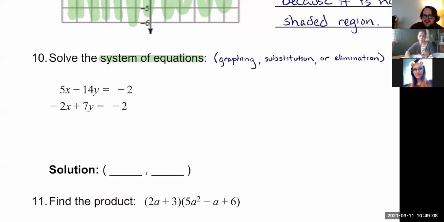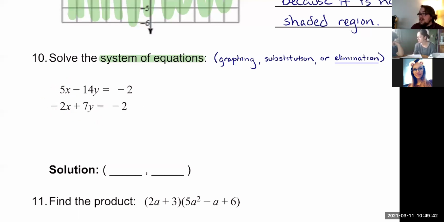Now, looking at the way the system is presented to us, which of those 2 would you suggest we do? Elimination. What about it screams elimination? Because they're already lined up. They're already lined up. Substitution is much more favorable if you already have one of the variables by themselves. And if you look at these 2 equations, it's going to take a bit of work to get either the x or y from either equation by itself.